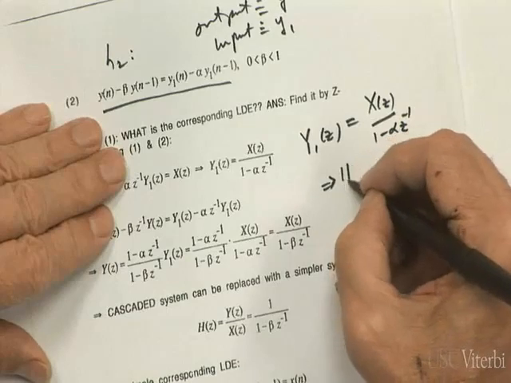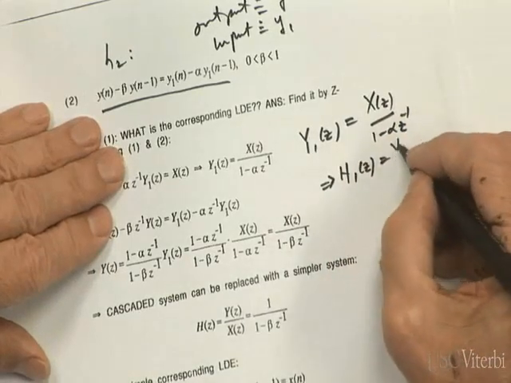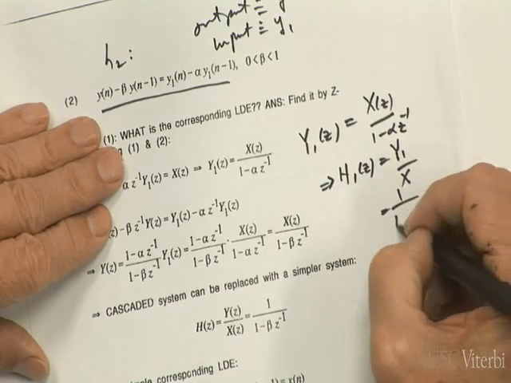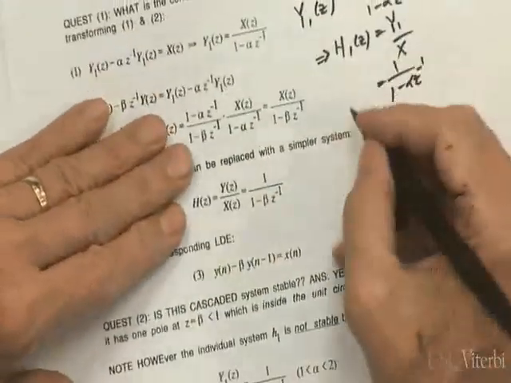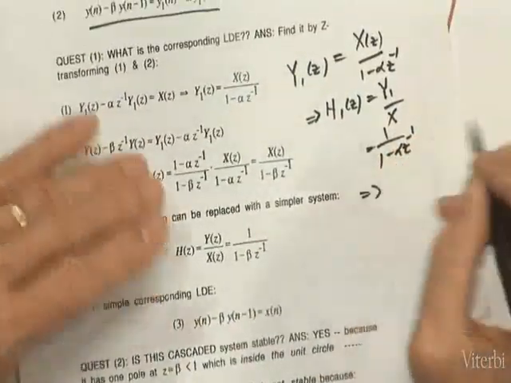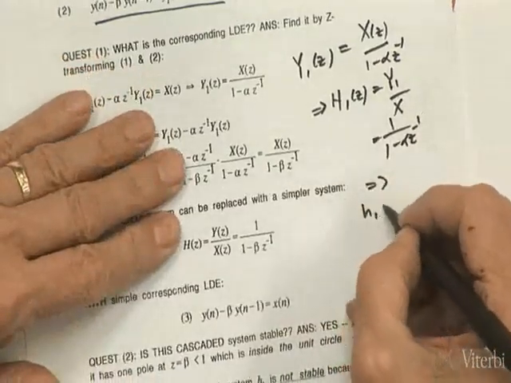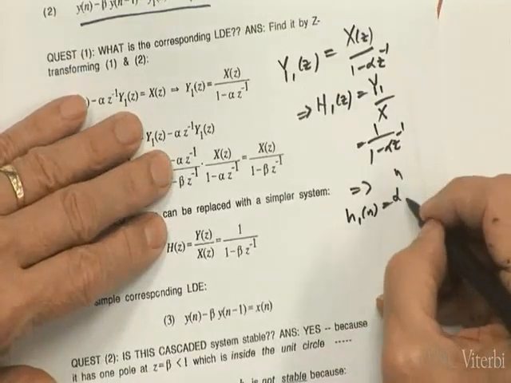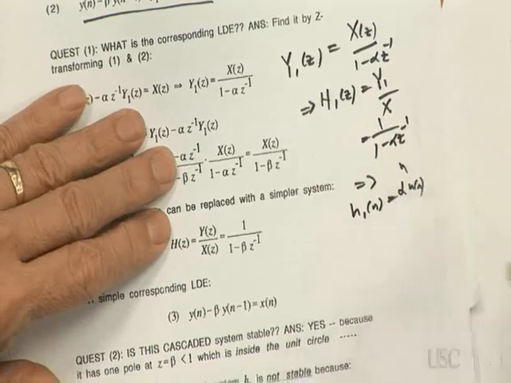That implies that H1 of z, which is equal to the ratio of Y1 over X, is going to be equal to our old friend, the geometric guy. And that implies that, since everything is right-sided, namely causal, H1 of n is equal to alpha to the n times u of n.